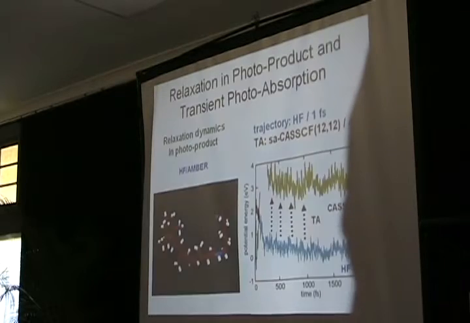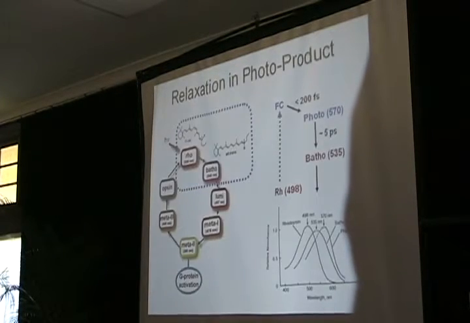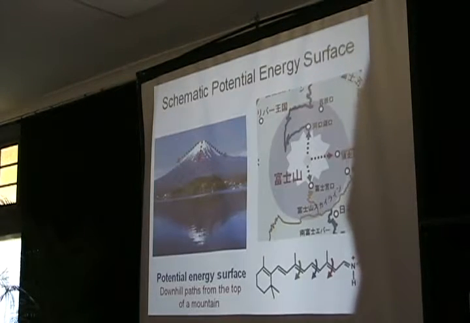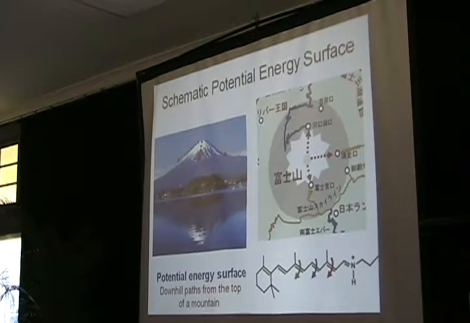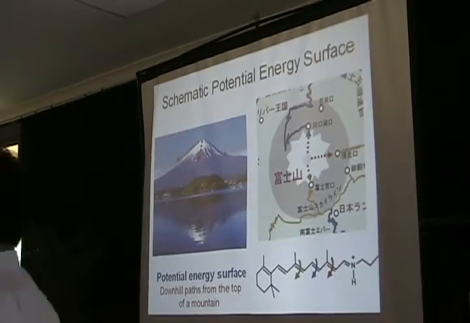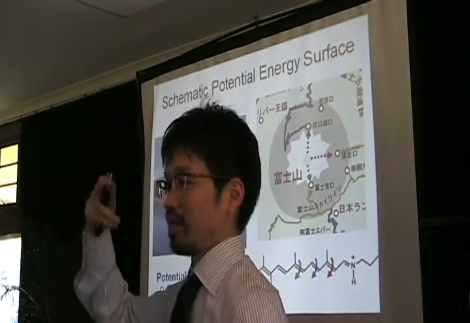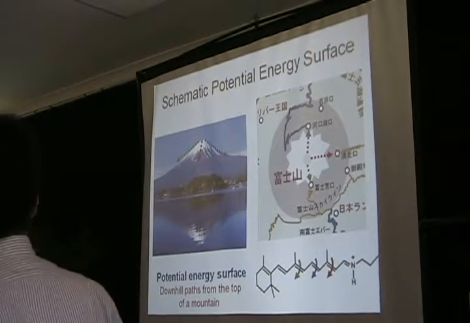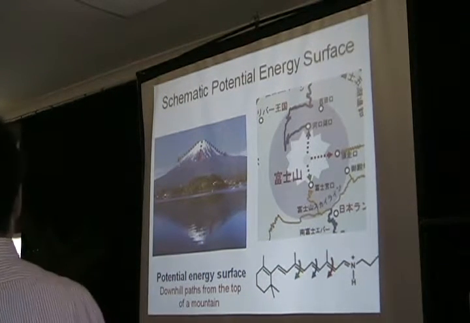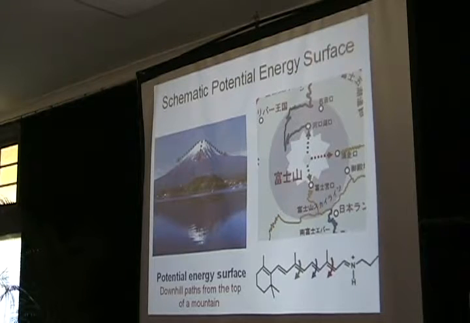This is my guess. The potential energy profile is something like a downhill path from a single big mountain, like the famous mountain in Japan.